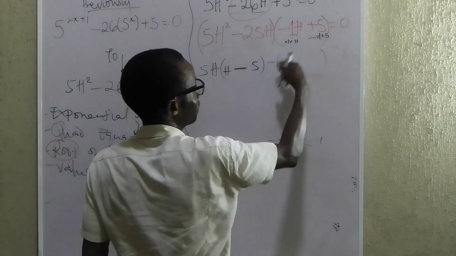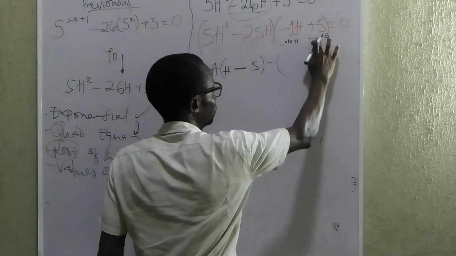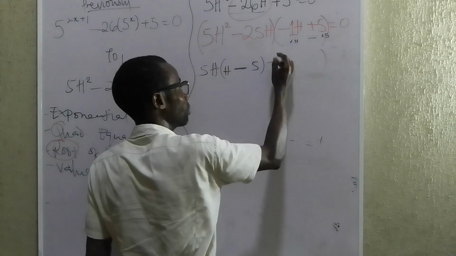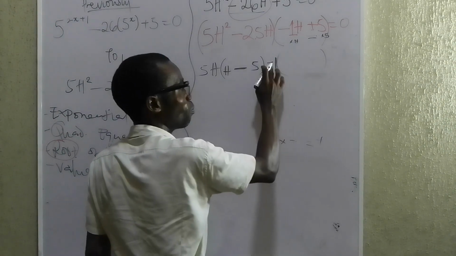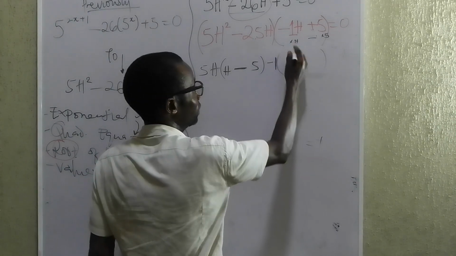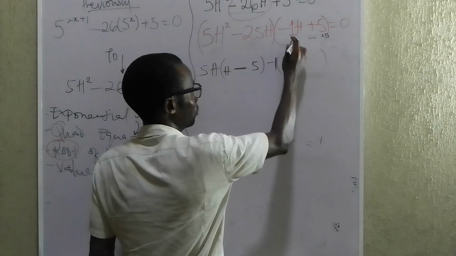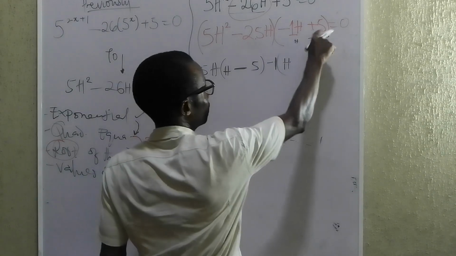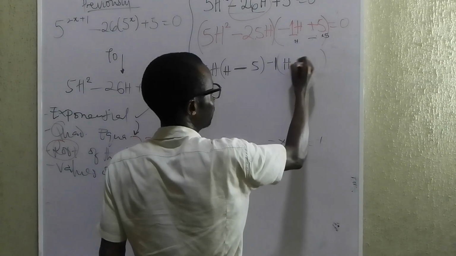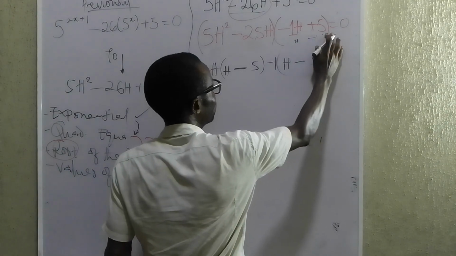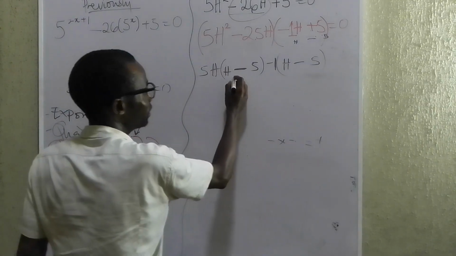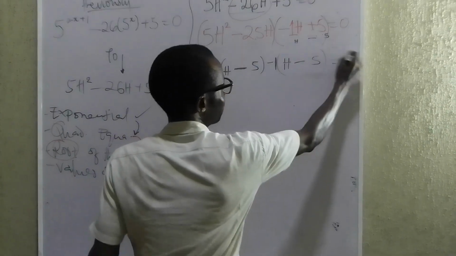So what is here that is still here? 1 is here, and 1 is here, so I bring the 1 out. So I have minus 1. So what is remaining here? H. What is remaining here? Minus. And what is remaining here? 5. So by the time you take a look at this, you'll see that inside here and inside here are the same thing.